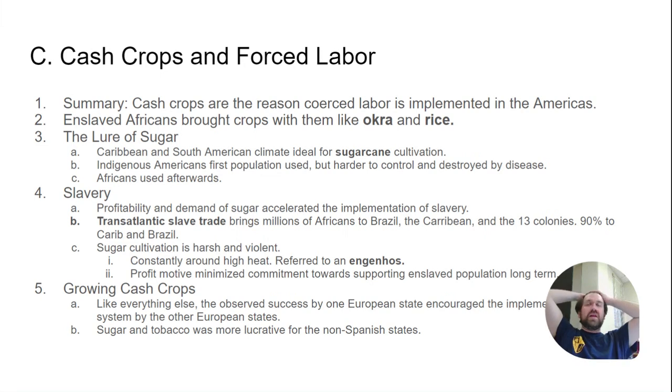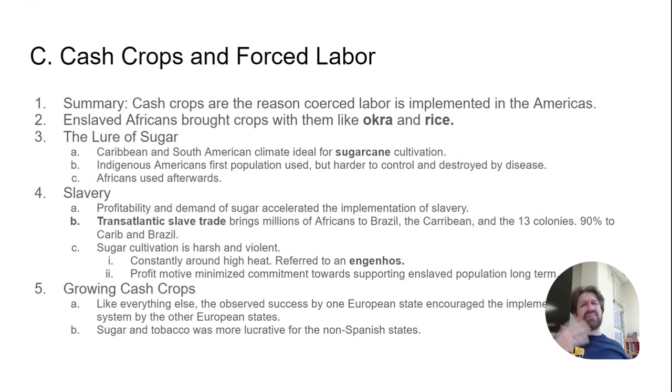So this involves the introduction of coerced labor through chattel slavery, which will be explicitly defined in a succeeding chapter. But what we want to know is that the driving factor of the movement of enslaved Africans to America and the Caribbean was the value of the cash crops being cultivated.